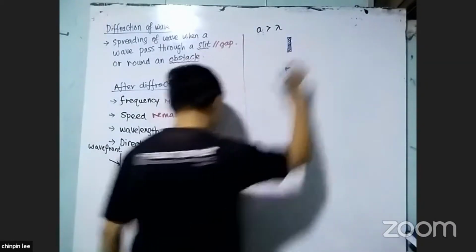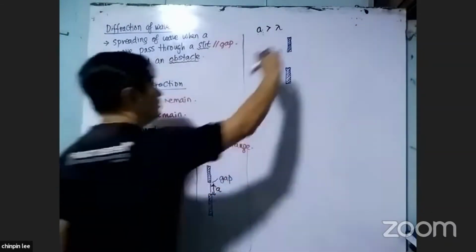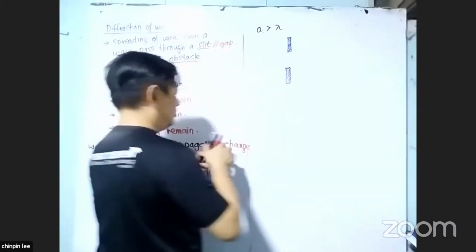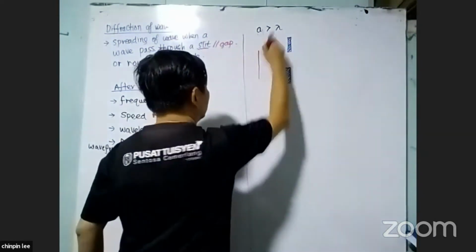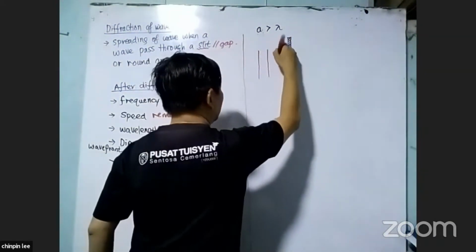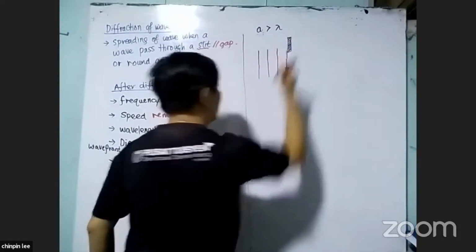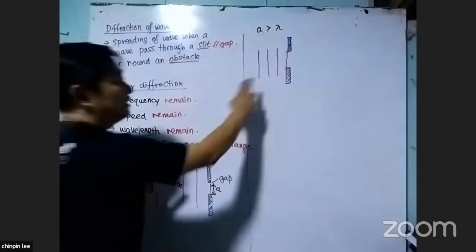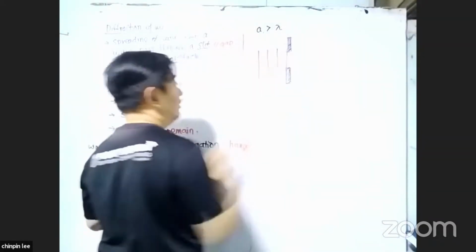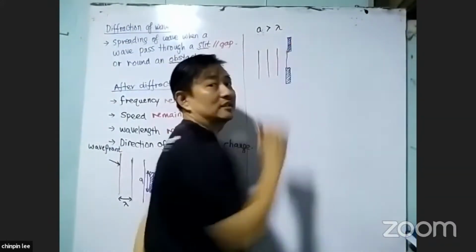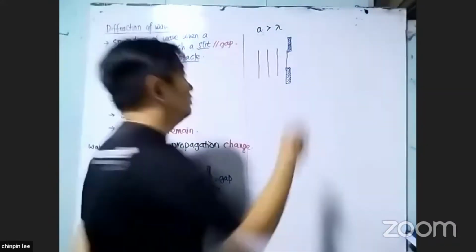This is the A. The A is big right now, whereas the lambda is small. When the wavelength is small, it passes through. So I find it in the experiment, and it showed me this result.